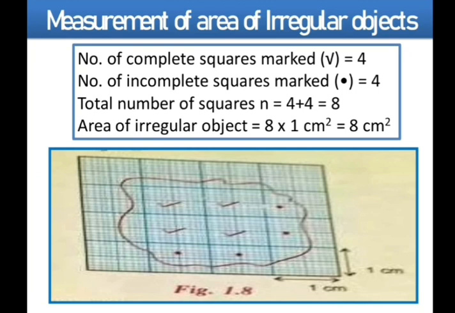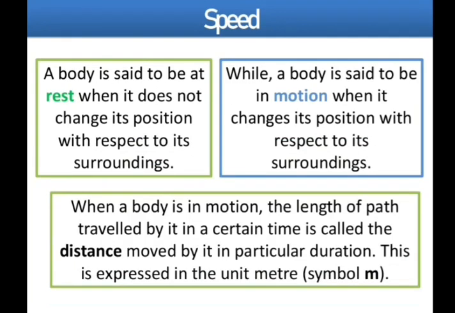So here we have 8 squares. So the area will be 8 into 1 square centimeter. Therefore we get the area of the irregular object as 8 square centimeter. Okay, the area which we are getting here is an approximate area due to the incomplete squares. Now here we are done with our area part.